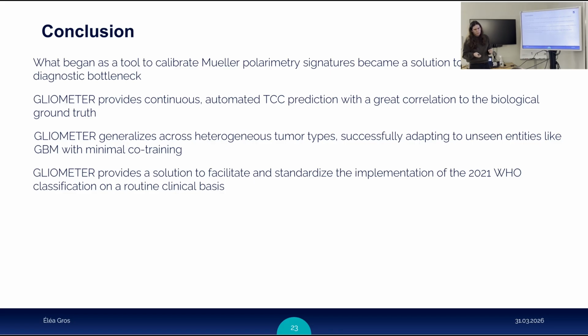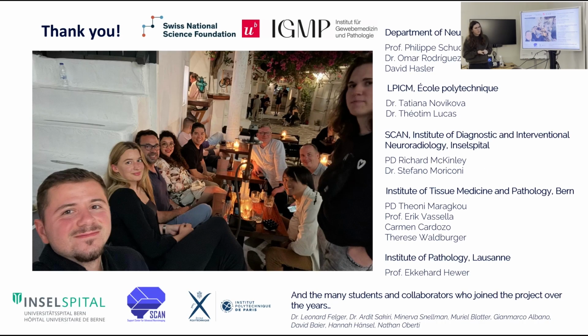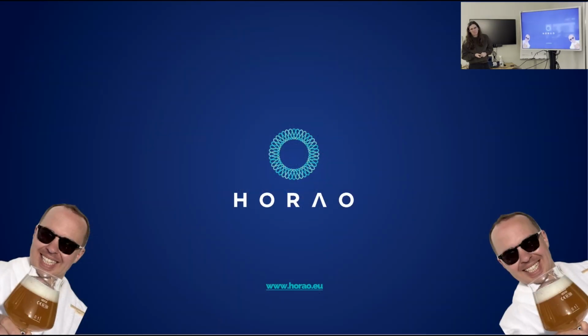It can adapt to new unseen data with minimal co-training with only a few whole slide images. And this provides a solution to facilitate and standardize the implementation of the new classification in neuropathology on a routine clinical basis. With this, I want to thank all the people in this project.